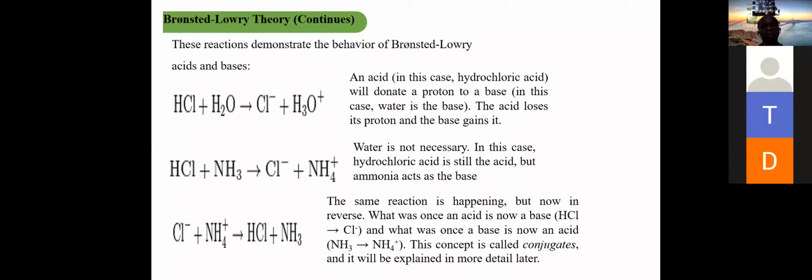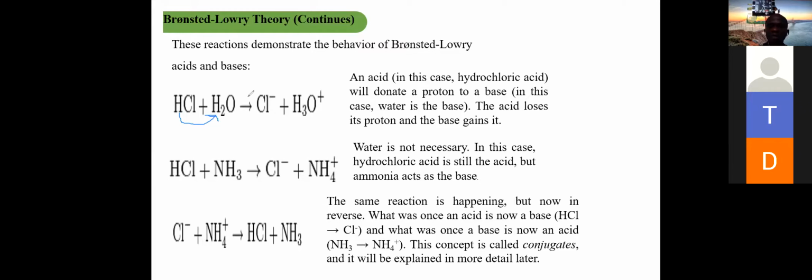So, in the first equation, HCl donates a proton to water. Once it donates a proton to water, HCl will be left with Cl minus, because the proton is H plus.